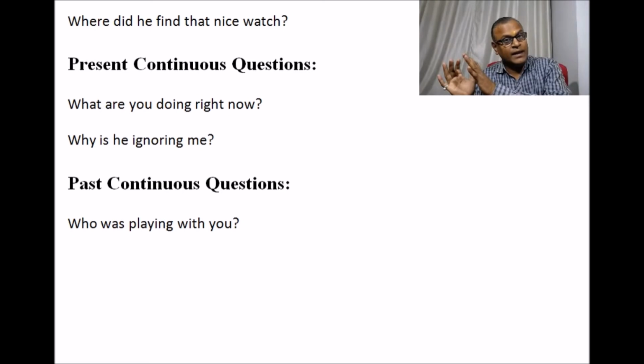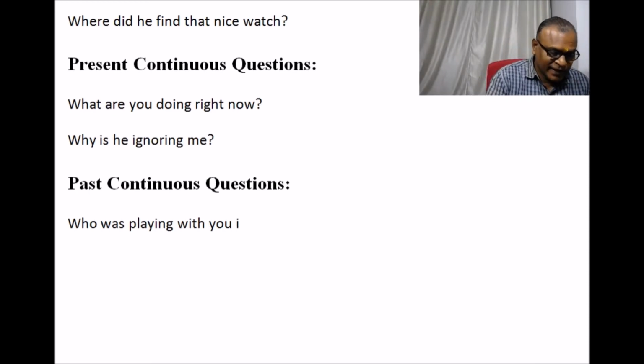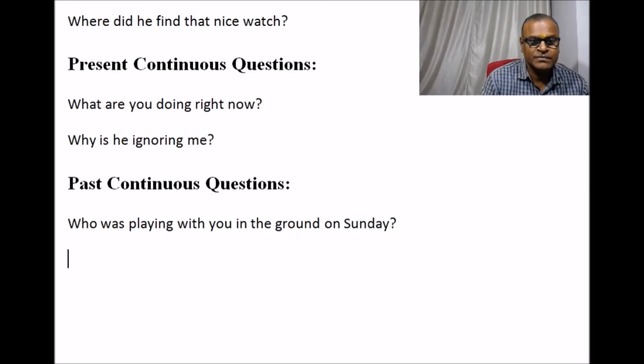You can make that sentence a little longer by adding some more phrases. Who was playing with you in the ground on Sunday? Who was playing with you in the ground on Sunday? So like that. So this is past continuous.